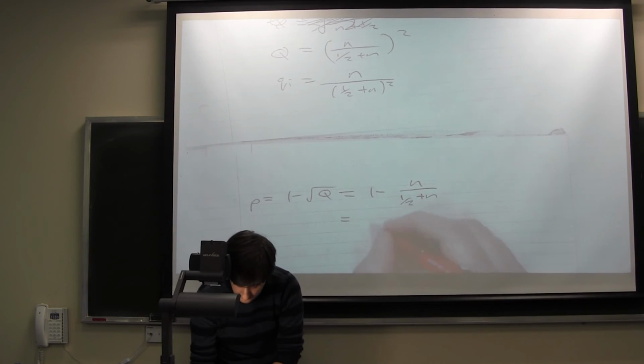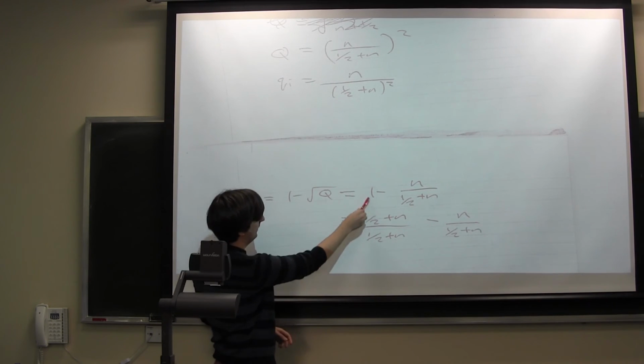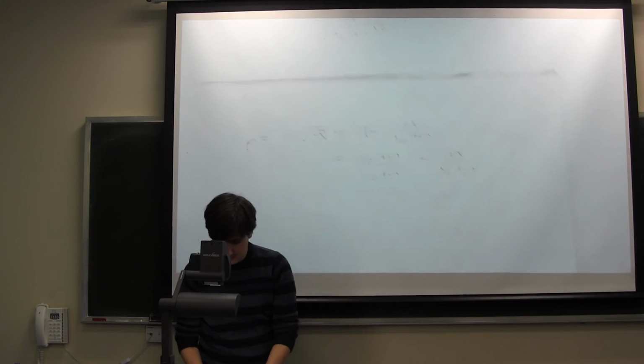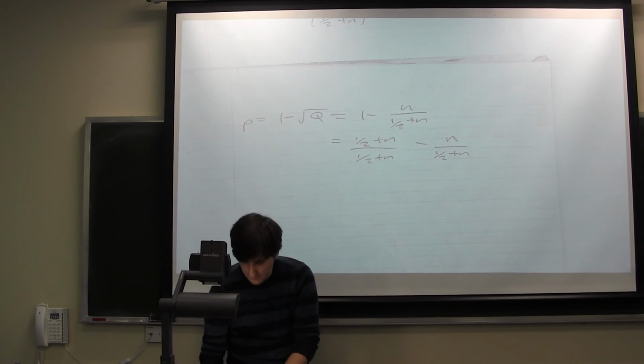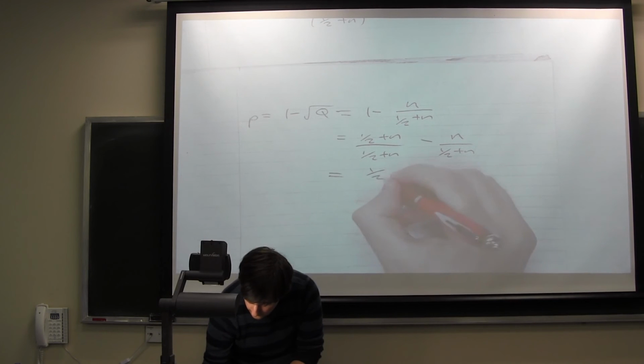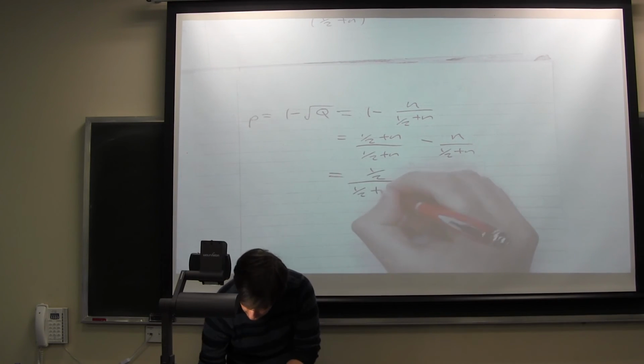Okay, so this is half plus n over half plus n minus n over half plus n. So we've just rewritten 1 as this fraction. So we've got n here, we've got n there, they cancel. So that gives us half over half plus n.